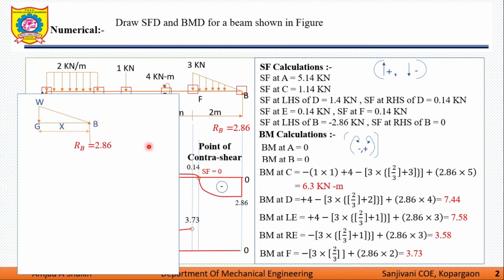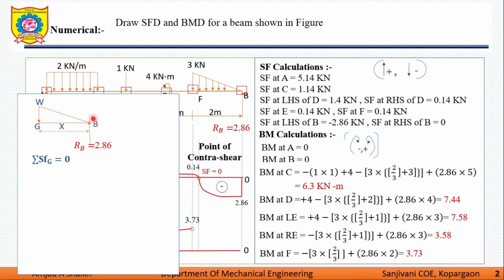To do this, we are just extending this line towards this point. We are marking this point as point G. Assume the distance from B to G is X meter and the load as W kilonewton. And we have a reaction of 2.86 kilonewton at point B. So we are using here summation of shear force at point G is equal to 0.